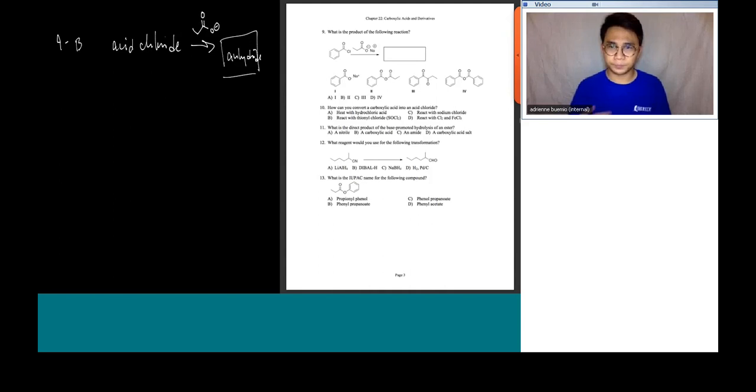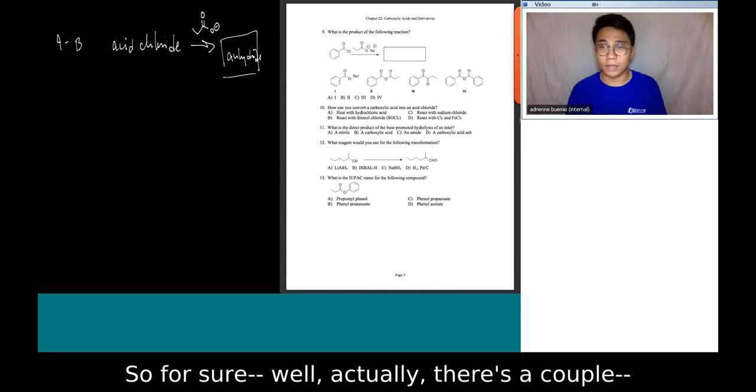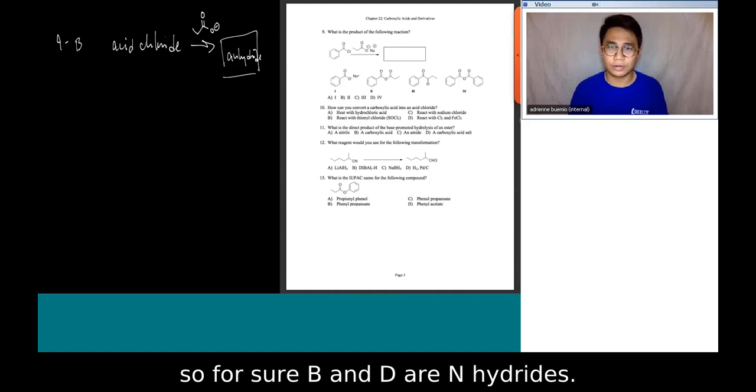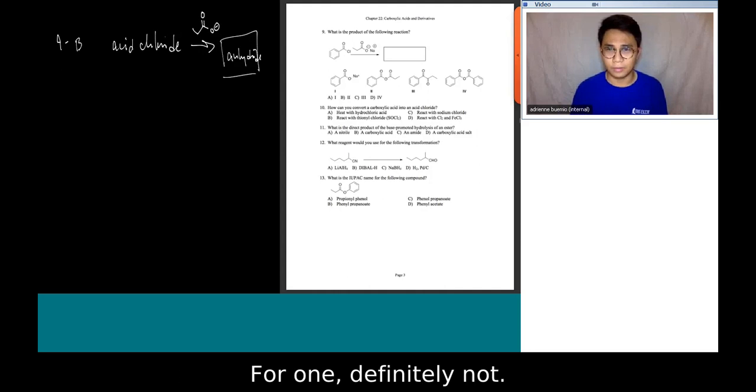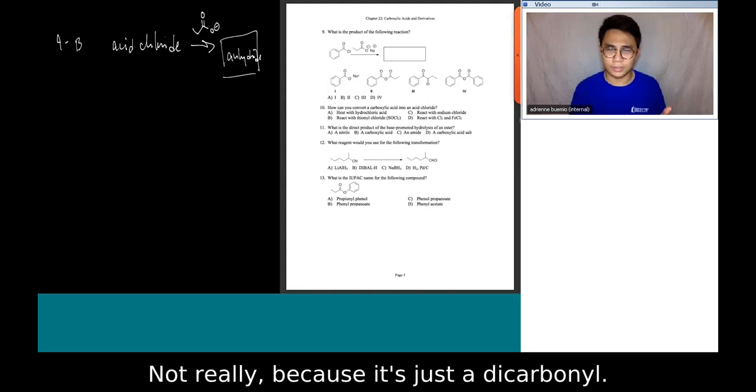So for sure, well, actually, there's a couple, right? So for sure, B and D are anhydrides. Four, one definitely not. Three, not really, because it's just a dicarbonyl.